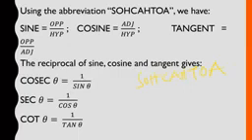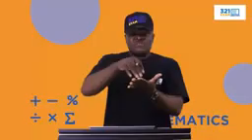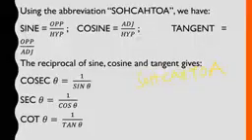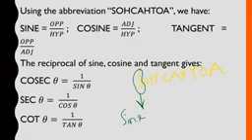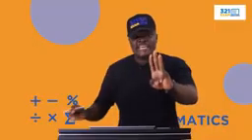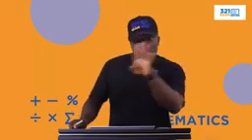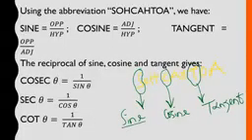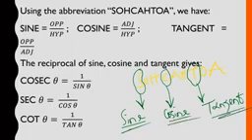It tells us that the three trigonometric functions are: 1, S, standing for sine; 2, C, standing for cosine; 3, T, standing for tan, tangent. There are 3 important trigonometric ratios or trigonometric functions: 1, sine, 2, cosine, 3, tangent. Take note of this, please.